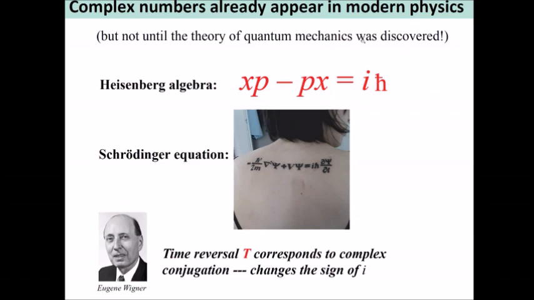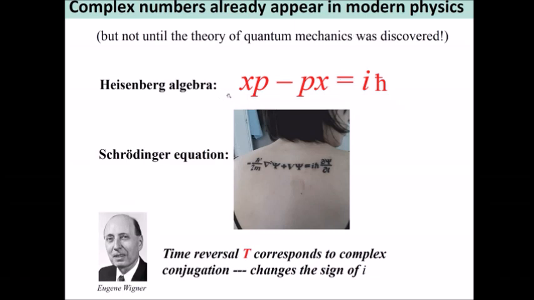So in the theory of electricity, in the theory of fluid dynamics, sonics, all that does not use complex numbers. Even relativity does not use complex numbers. But modern physics, quantum mechanics, does use complex numbers.